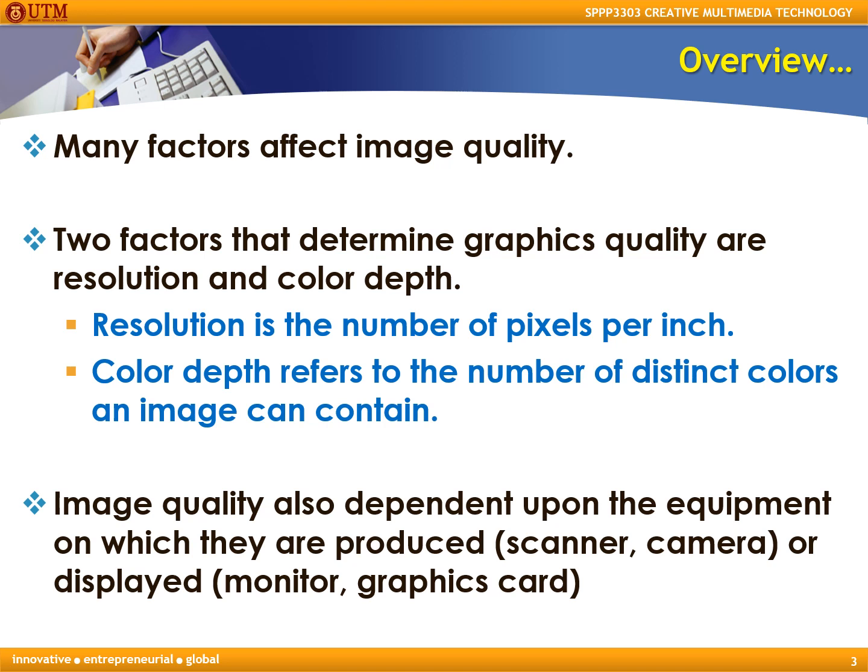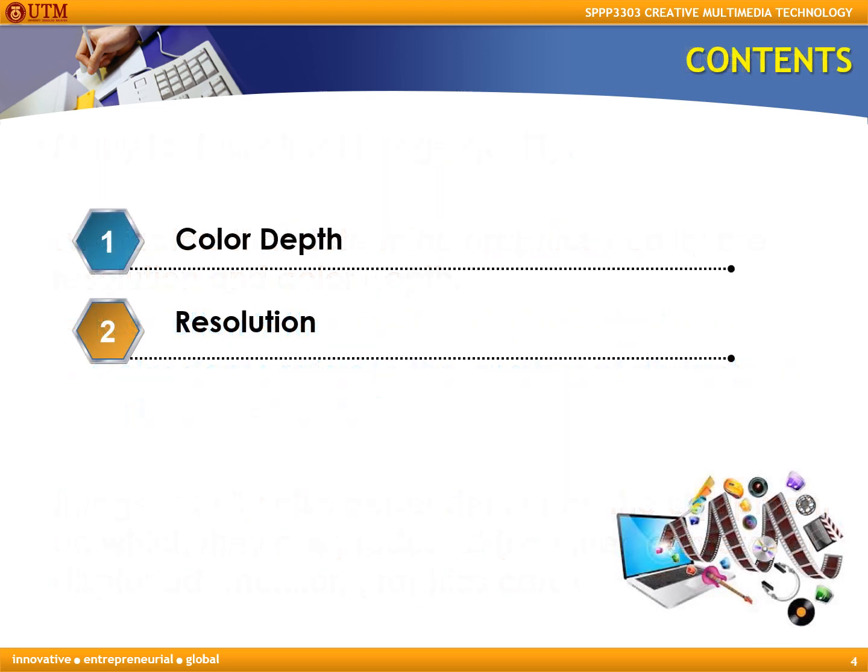So all these factors affect the quality and the resolution of the image. In these slides we are going to talk about these two main factors, which are color depth and resolution. Let's start with the first one, which is the color depth.